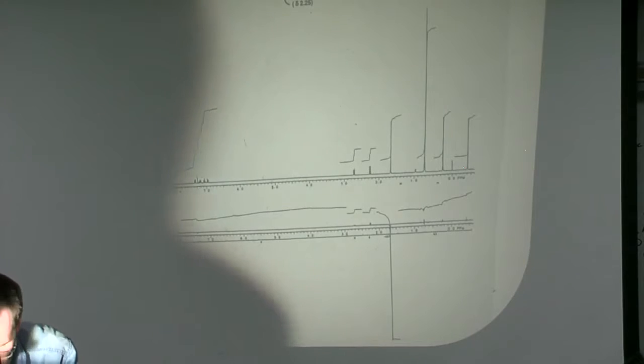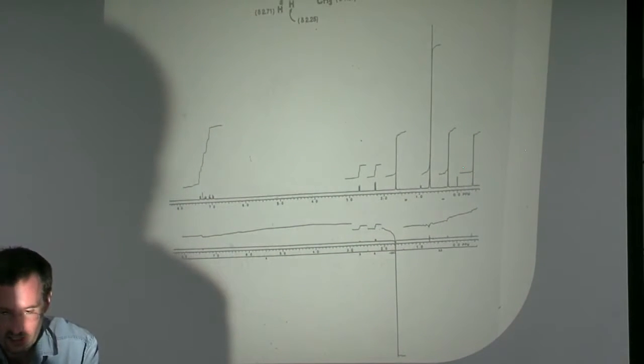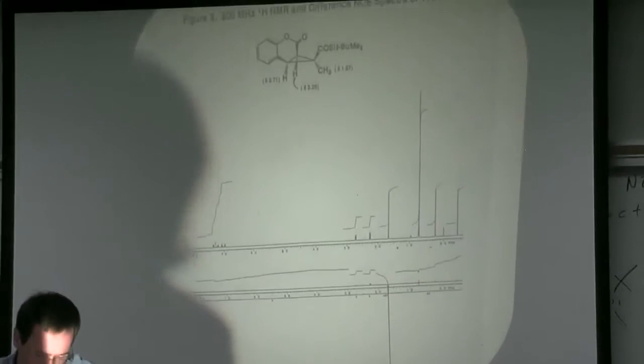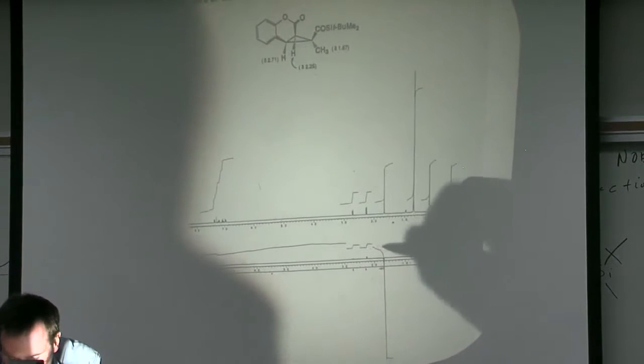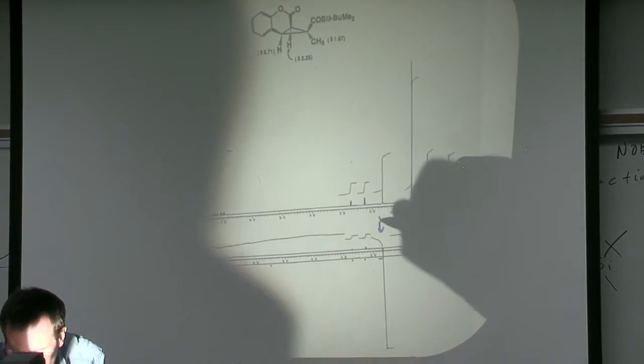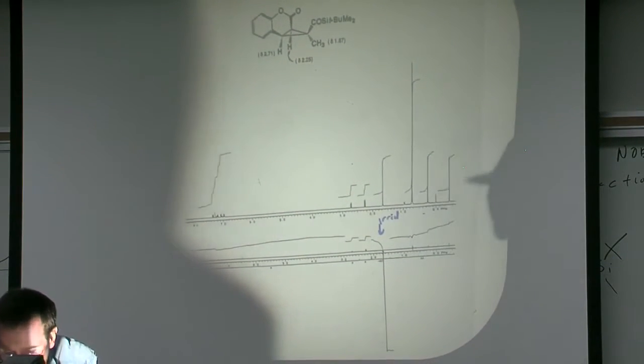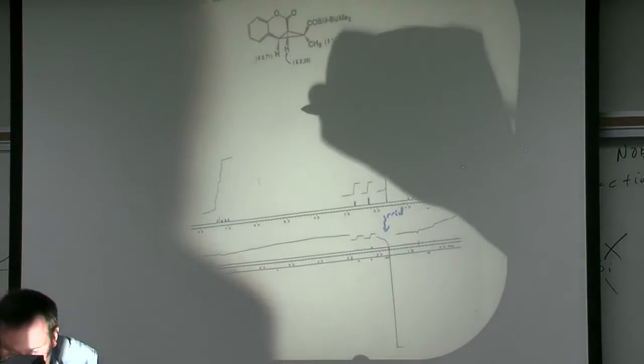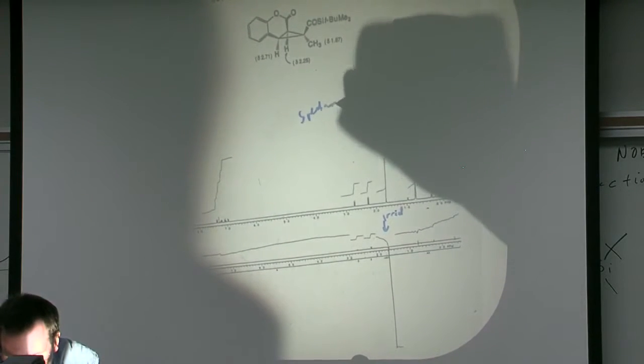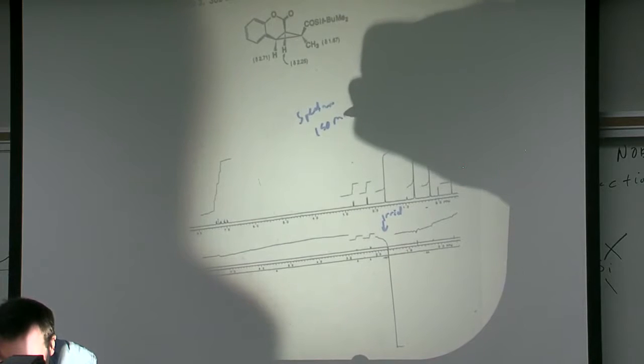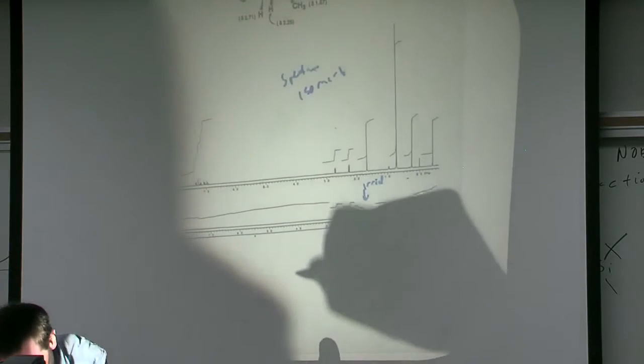So, let's start with our NOE experiment on isomer B. So in this particular NOE experiment, we irradiate that methyl group, and this is the difference NOE, so this is the spectrum of isomer B, and this is the difference NOE.